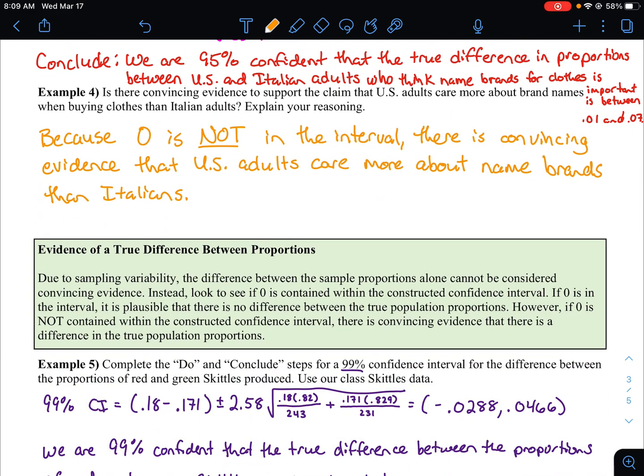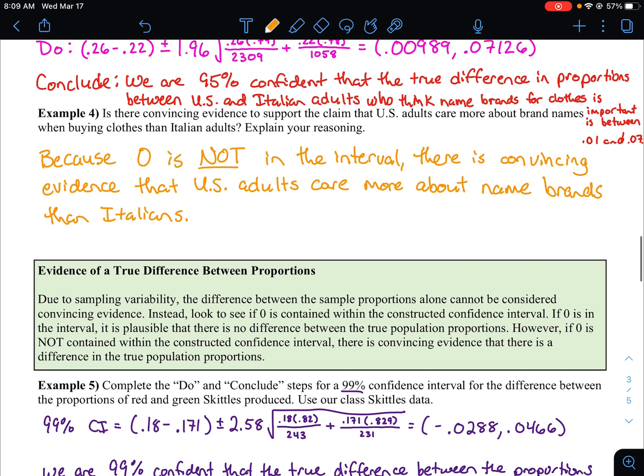So what we do is we make our confidence interval and we look to see if 0 is contained in that interval. If 0 is in the interval, it's plausible that there is no difference between the two of them. However, if 0 is not contained in the interval, that gives us convincing evidence that there is a difference between the two populations. Okay?